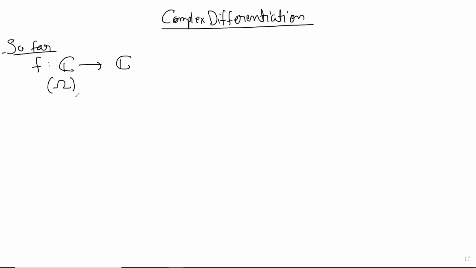Many naturally occurring functions are of this nature. We saw that this can also be seen as a function from R2 to R2. And this perspective can be useful. Okay. R2 to R2. So to begin with, there is really no difference.